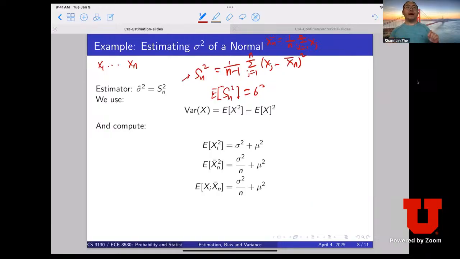We conclude that the sample variance is an unbiased estimator of the true variance. Any question regarding the statement before we proceed to show this? Okay, great. Next we would like to show why this is true.